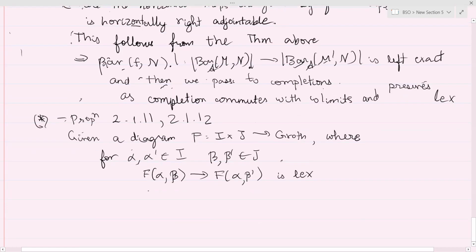And on the other variable, you have that f of alpha beta to f of alpha prime beta is almost compact.